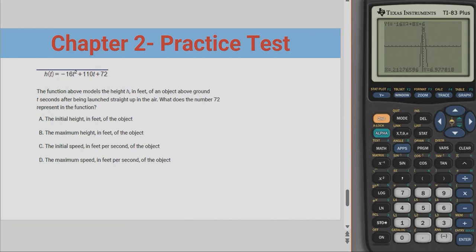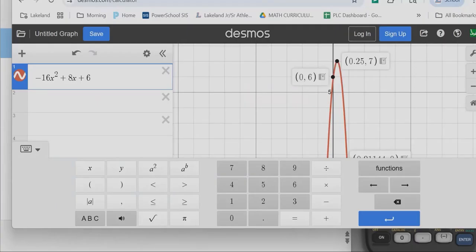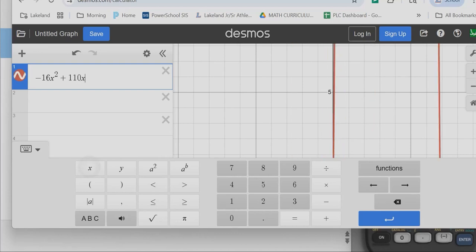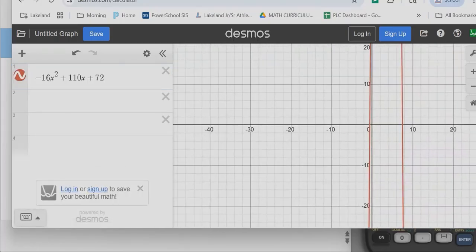If you don't just know these things, you may be best to, on the SAT, go into Desmos and type it in, right? If I try typing it into my TI-83, I don't get a very good picture. So let's just go into Desmos here and get that typed in. Let's clear out old data. Negative 16x squared plus, what is it, 110x plus the 72, right? And I'm going to have to adjust my zoom here a little bit.